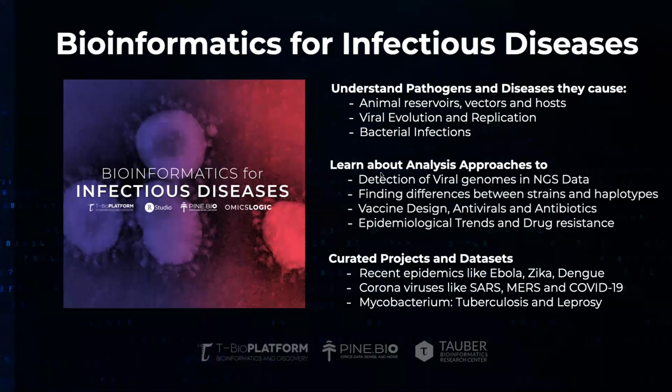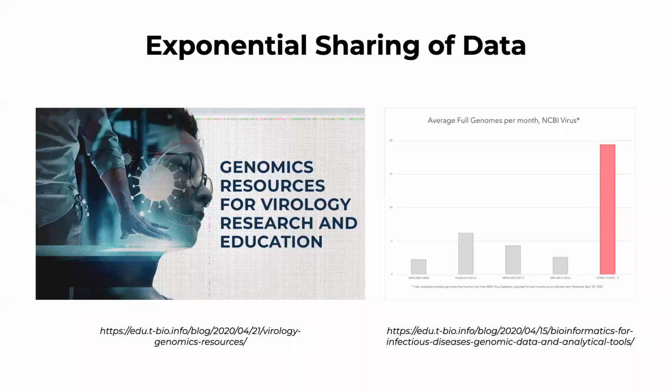What's interesting is that there is an exponential growth of some of these resources, including publicly available data sets. We, in fact, published a couple of blog posts recently that talk about some of the genomics resources for virology research and education, which you can look at on our website right here. We also tried to estimate the rate of submission of genomic data related to viruses.